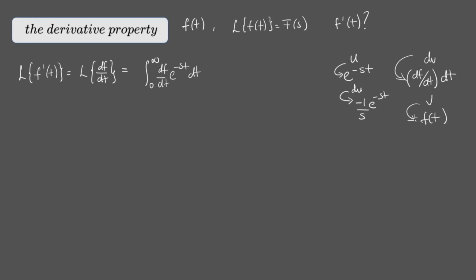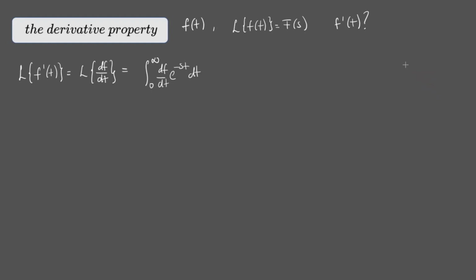This probably wasn't the clearest way to write this. Pardon me. u is e to the negative st, du is negative s e to the negative st.